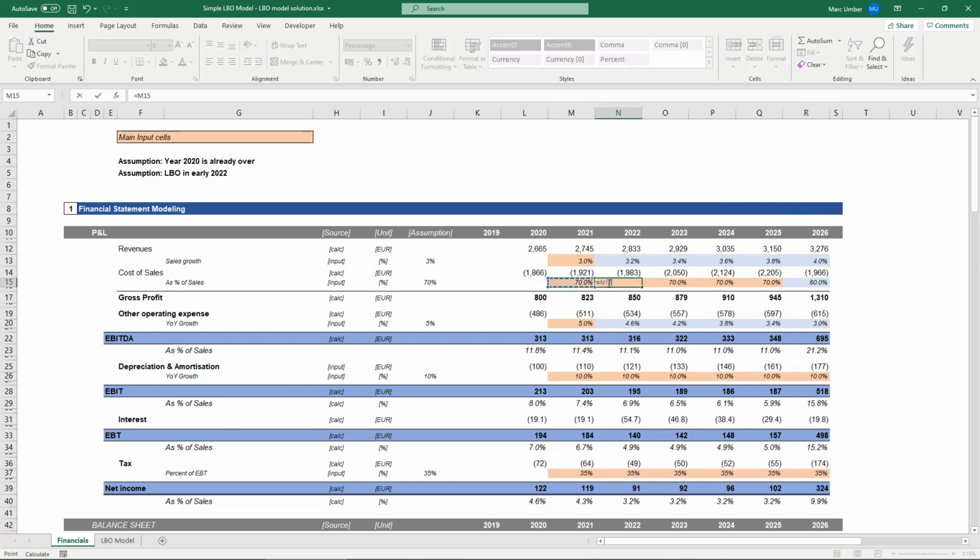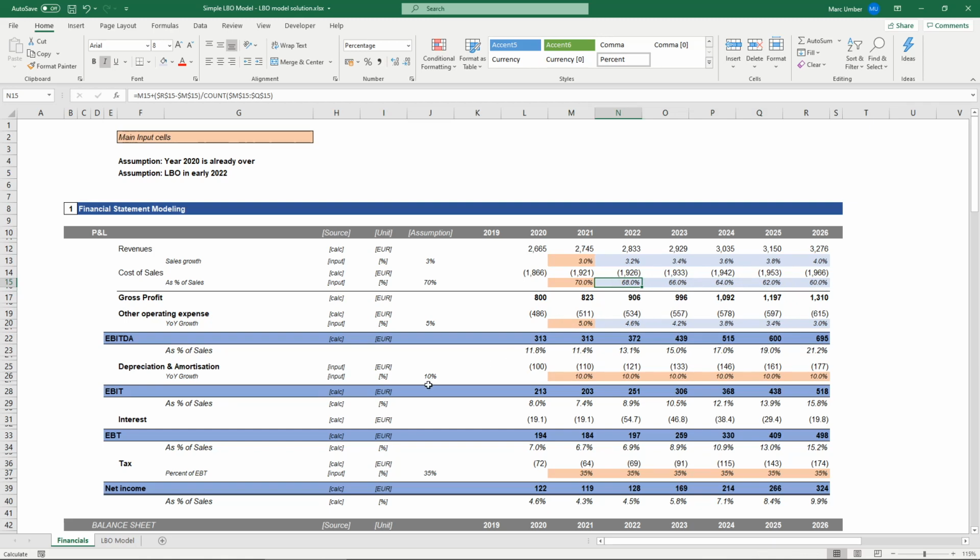So let's take 70 plus 60 minus 70 divided by the number of steps. That is fixed. And we have a slightly decreasing cost by increasing the efficiency and the cost structure.